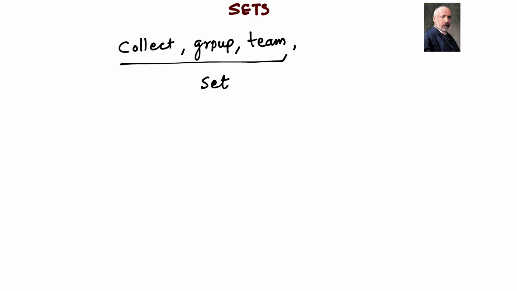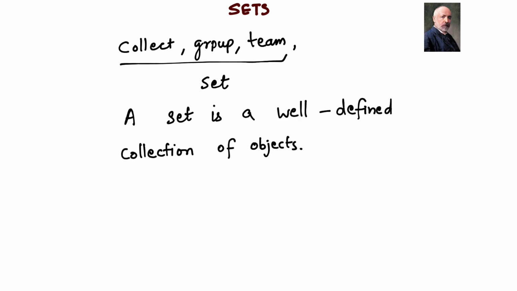So the formal definition of a set is that a set is a well-defined collection of objects. So a set is a group. In a group we have members. In a team we have members, right? Team players. So all these team players are called objects or members.